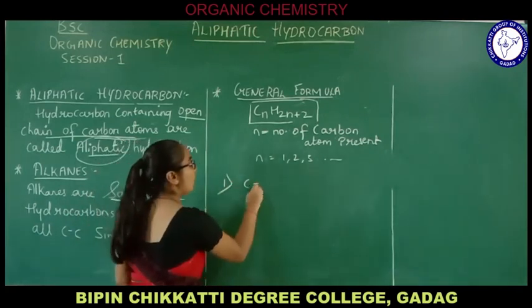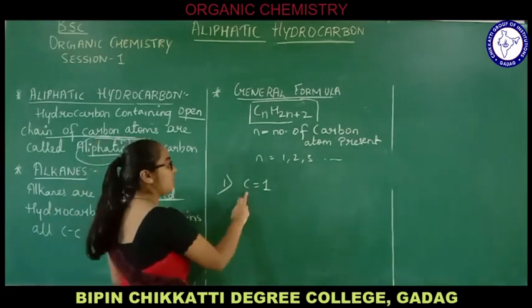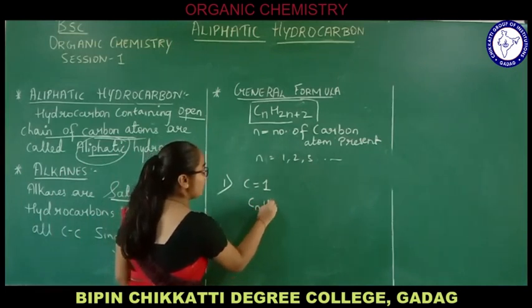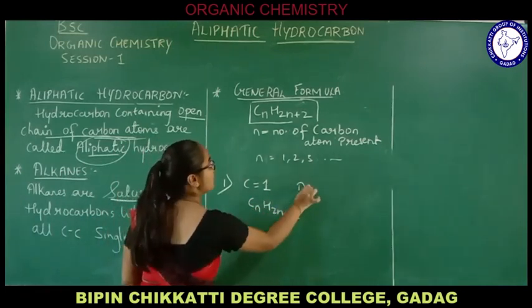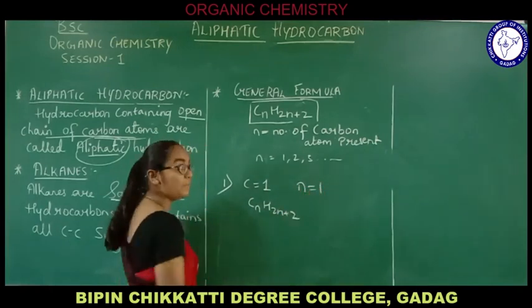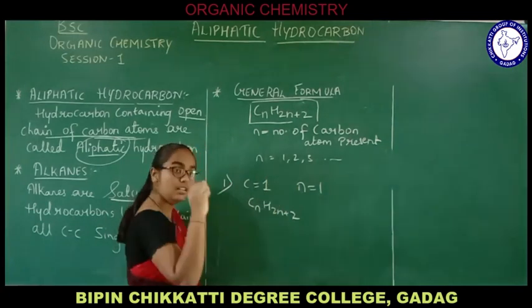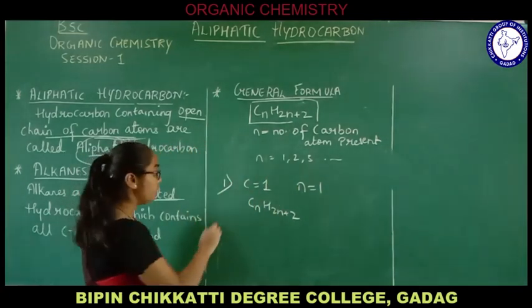So let's begin with carbon number 1, the first member of the alkane family. If carbon is 1, the formula was CnH2n plus 2. Depending upon the number of carbons, you have to substitute n with that particular number. Now I am going to use 1 for the first carbon.